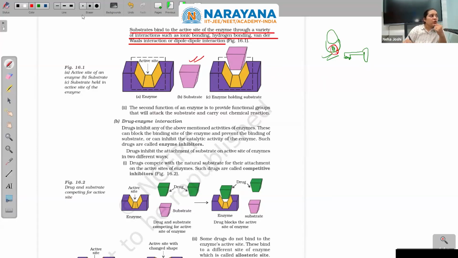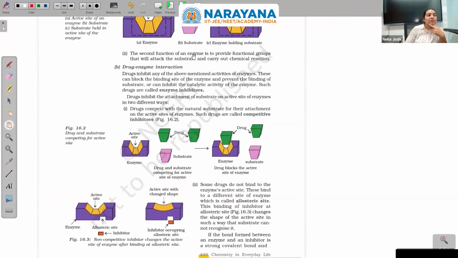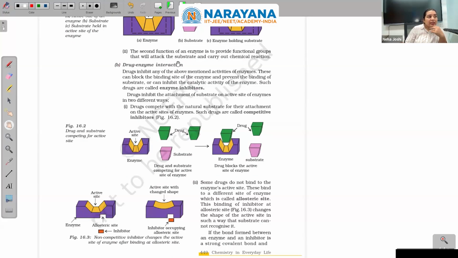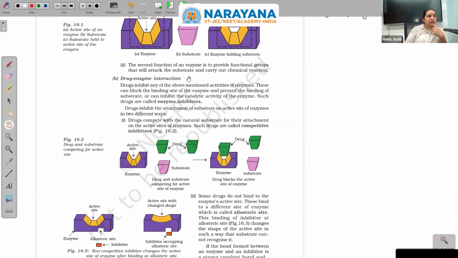So there could be a question here. Is that clear? That substrate and enzyme bind by van der Waals, hydrogen bonding, ionic bonding, and dipole-dipole interactions. The second function of an enzyme is to provide functional groups that will attack the substrate and carry out the chemical reaction. They can give the functional group.